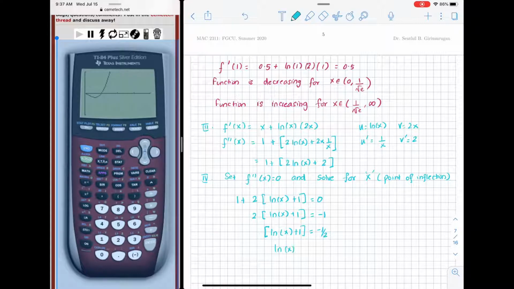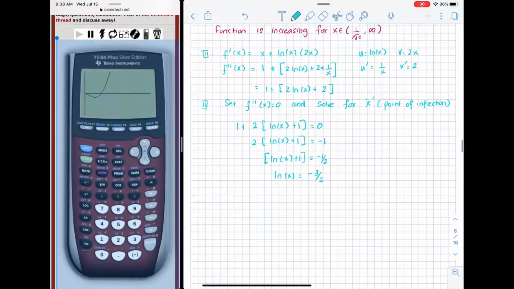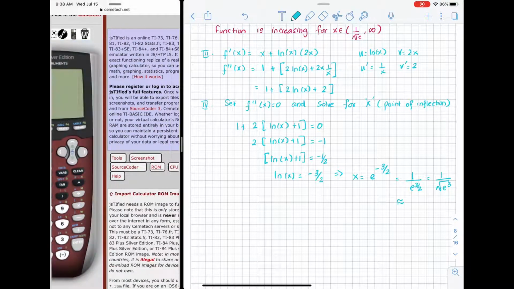Ln of x would equal negative 3 over 2, which would mean x is e raised to negative 3 over 2, which is 1 over e raised to 3 over 2, which we can write as 1 over square root of e cubed. And what is that value?